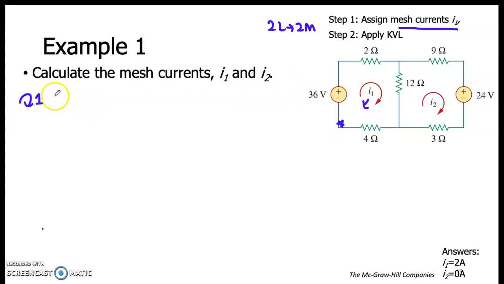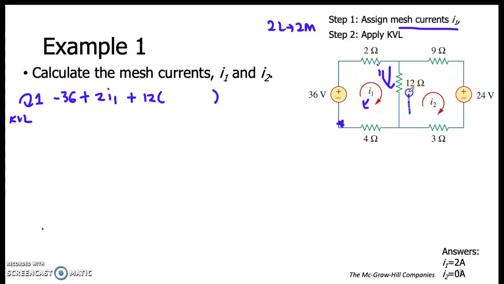So the equation starts with minus 36 plus 2. You need to use KVL, right? So this is what we call KVL. Voltage, voltage, voltage. 2I1 plus, now look at this one, 12. So now the current across this 12 going down is I1, looking from this imaginary current.